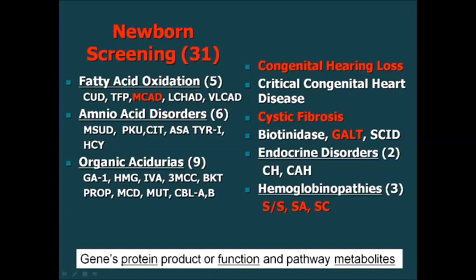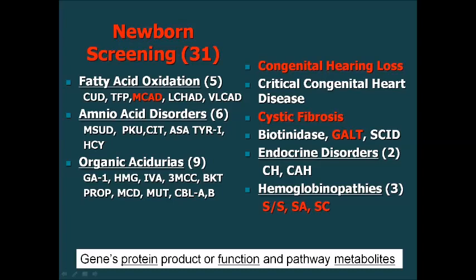Now, perhaps the greatest success in expanded carrier screening, or expanded screening in general, is that of newborn screening. Currently, 31 conditions are on the panel, the minimal panel of conditions today.